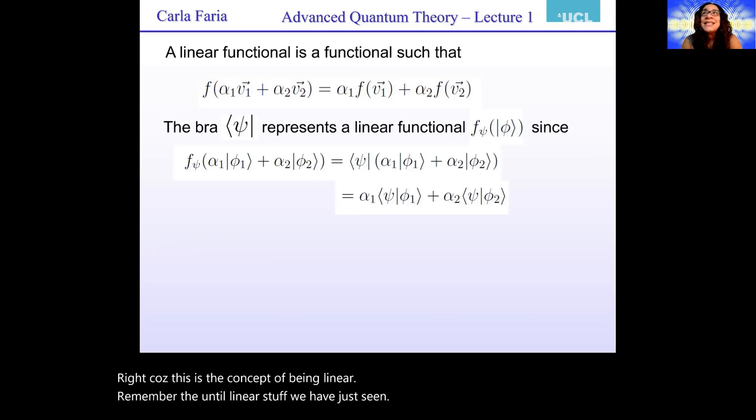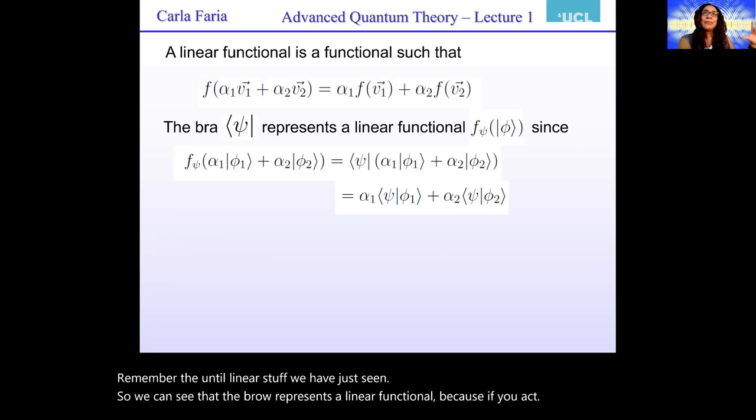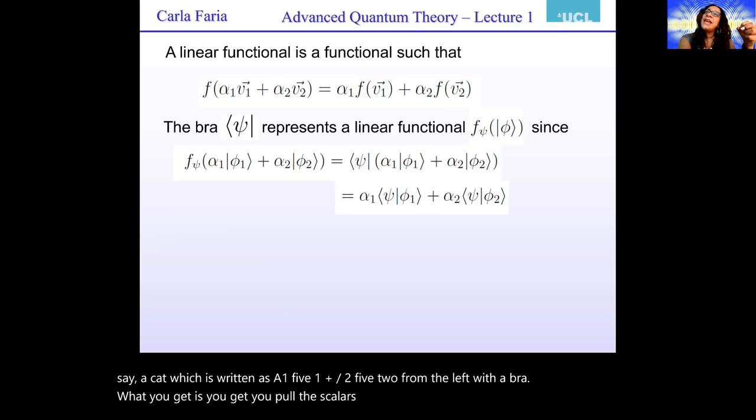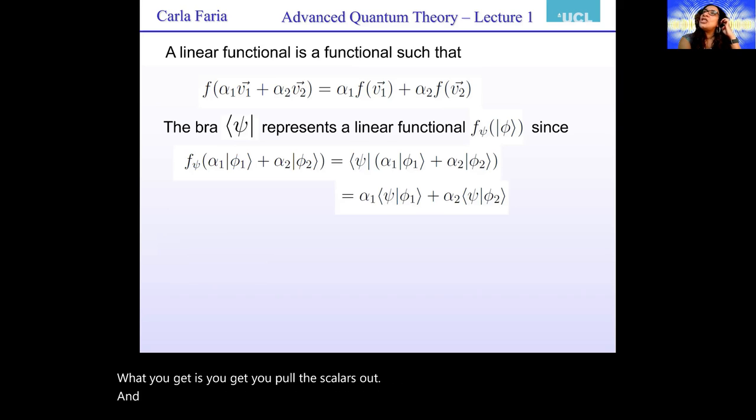So we can see that the bra represents a linear functional because if you act on, say, a cat, which is written as alpha 1 phi 1 plus alpha 2 phi 2, from the left with a bra, you pull the scalars out and you get inner products which are themselves scalars.